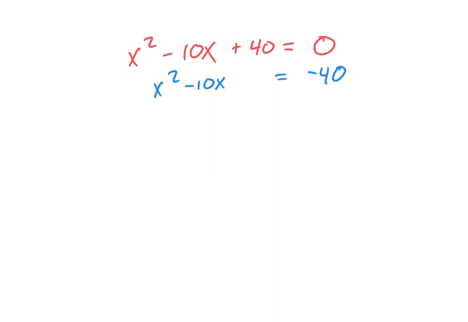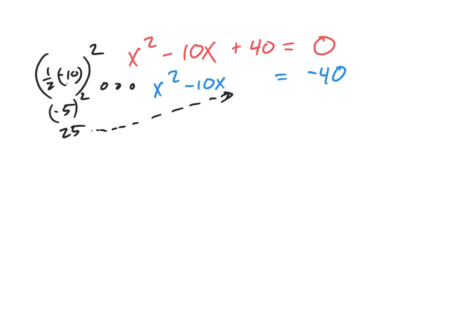Then I'm going to take the x term, the middle term, the b term, if you will, and take half of that. So over here, what I'm doing is taking half of the middle term, which is negative 10, and then I'm going to square it. Half of negative 10 is negative 5 squared, so that's 25.